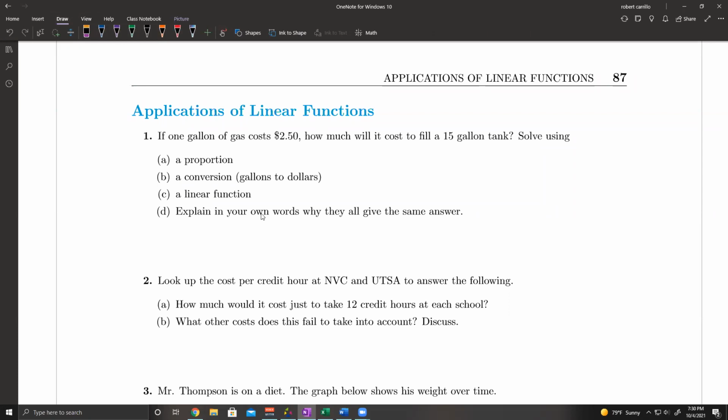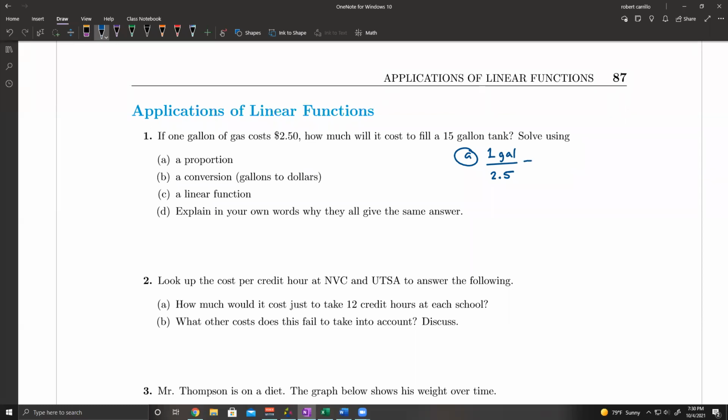Okay. So if we wanted to set up a proportion for this, let's see. Our proportion, we would say that 1 gallon of gas costs $2.50.